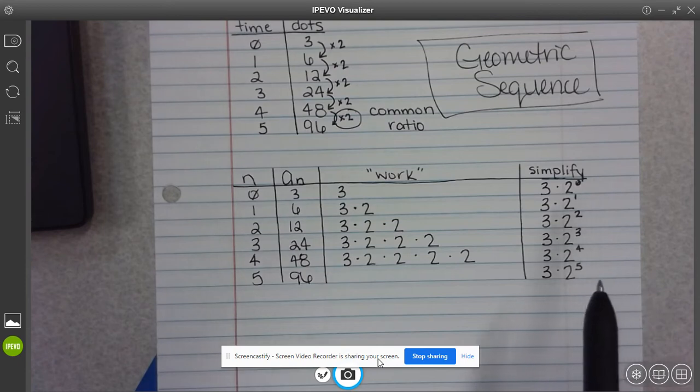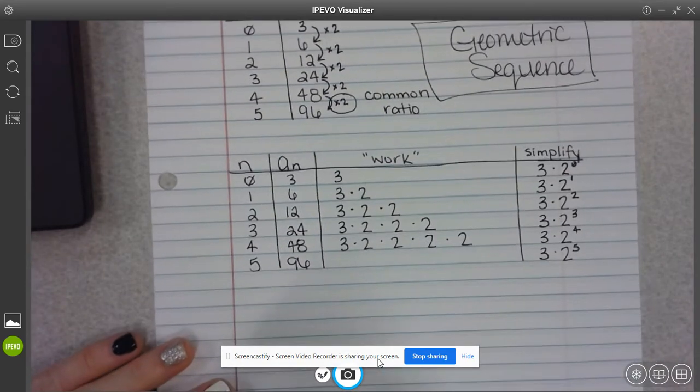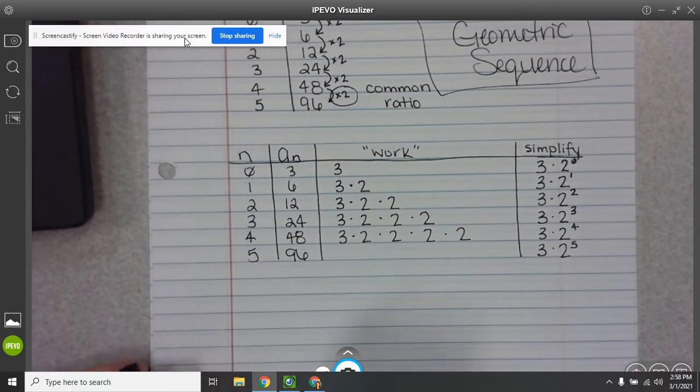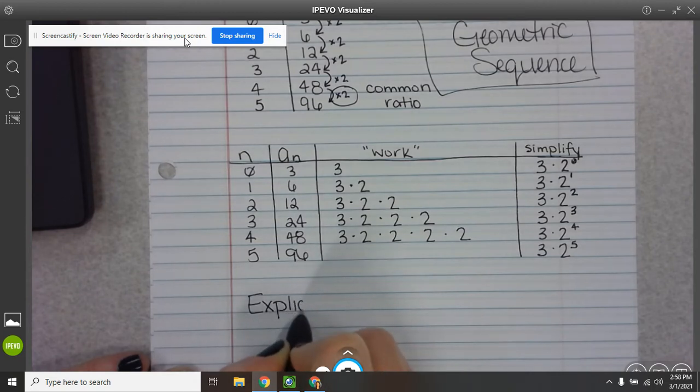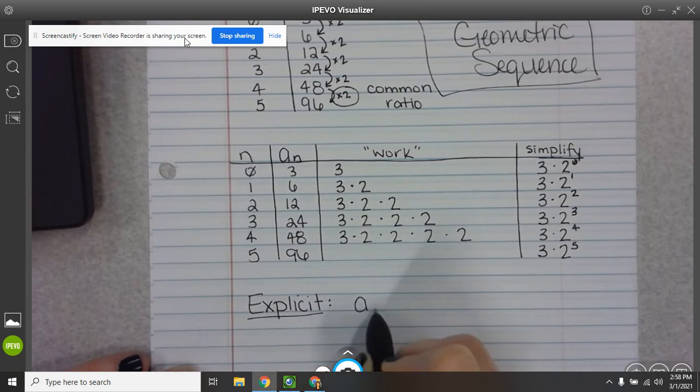So now our goal is going to be to write an explicit formula. And I'm going to move this up here out of the way. And remember, since it's a sequence, we use A sub n and n as our input and our output.